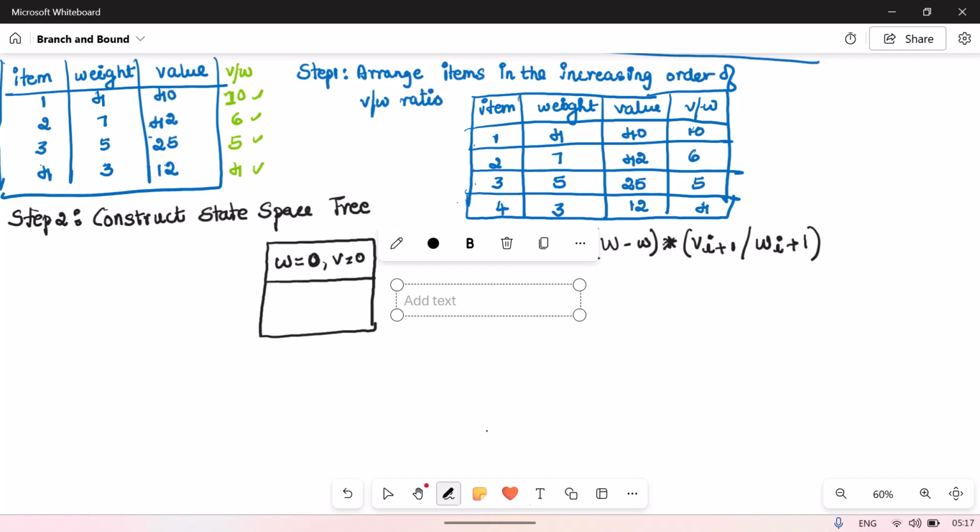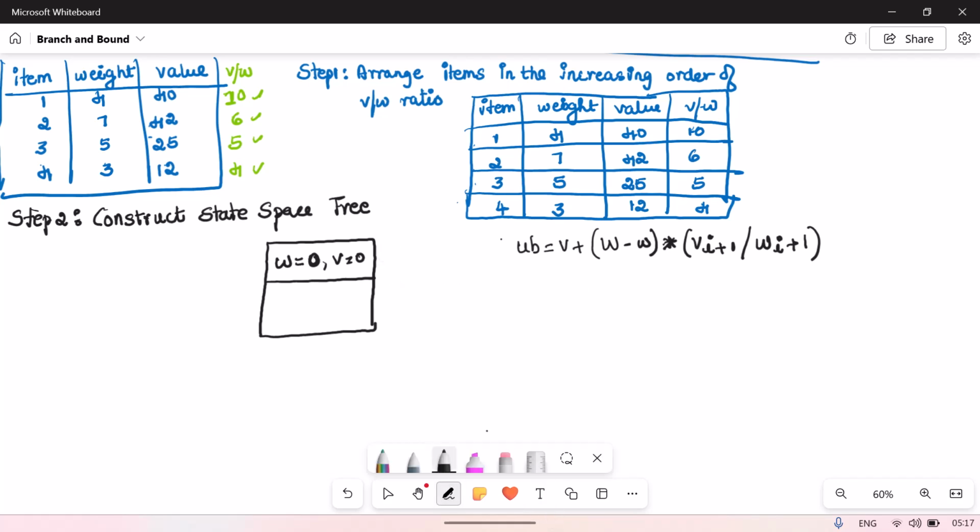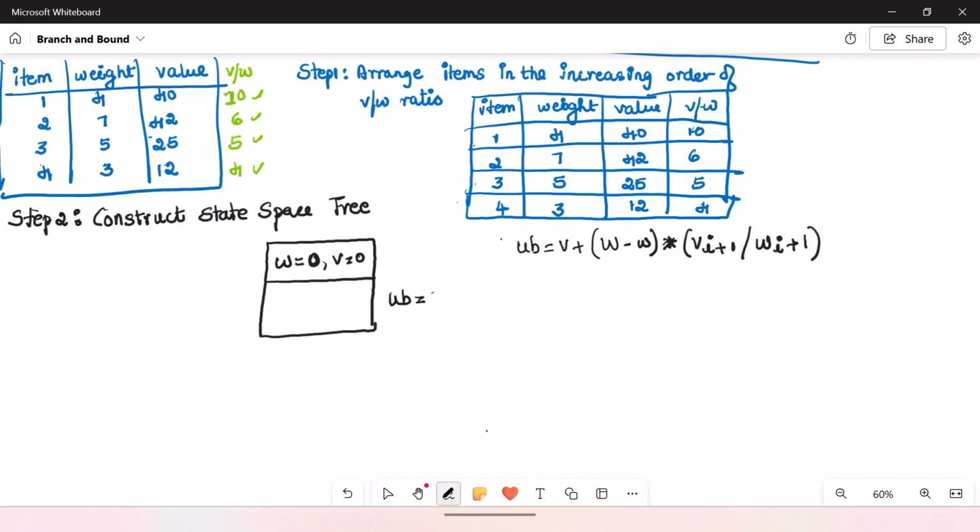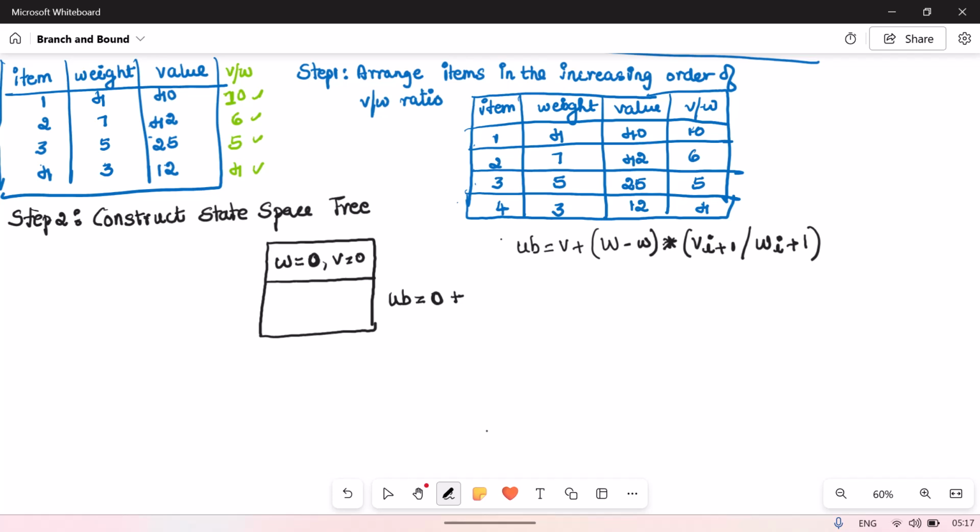Now you calculate the upper bound. Upper bound is V is 0. So, 0 plus total capacity. Oh, capacity will be given to you. Okay. I forgot to write here. Capacity of the knapsack is 10. Okay. So, 10 minus weight of the current item is 0 times.